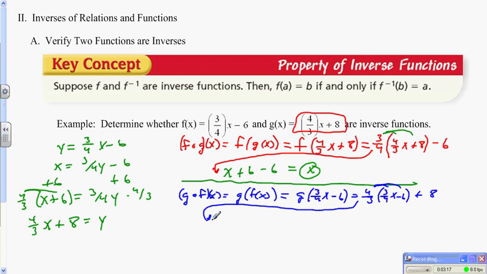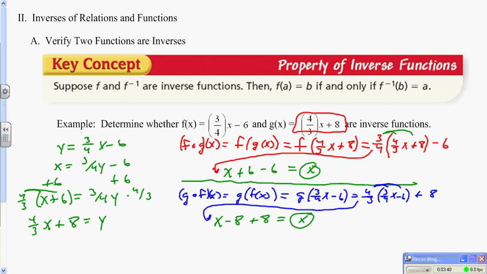And that will give us, again, 4/3 times 3/4 will give us just x, because they are reciprocals of each other. And then 4/3 times a negative 6 is a negative 8 plus 8. And again, we get x.